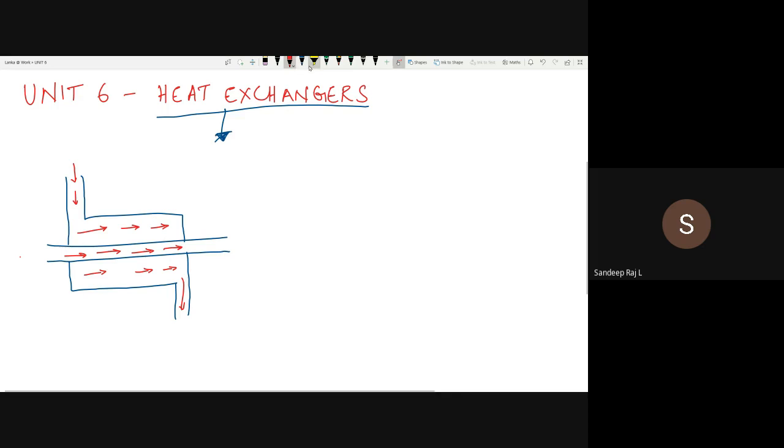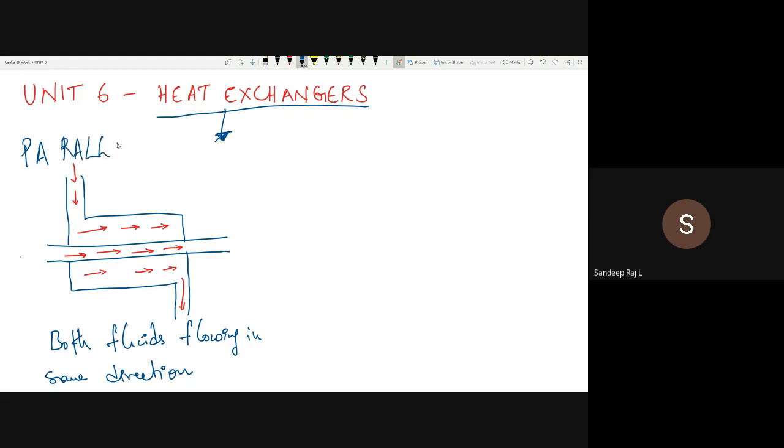Both fluids are flowing in the same direction. So that's why we call this a parallel flow heat exchanger.